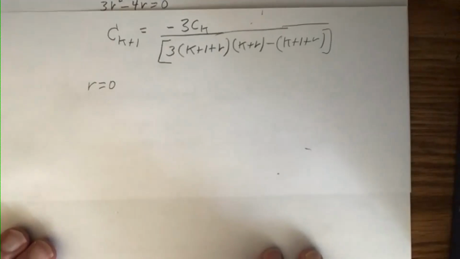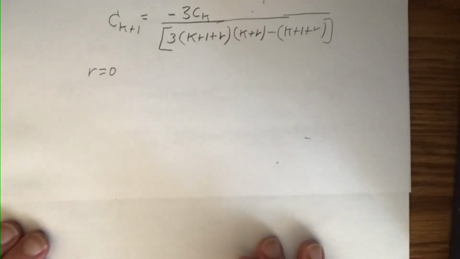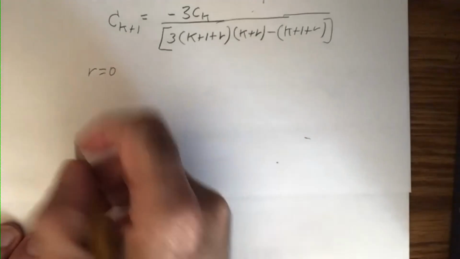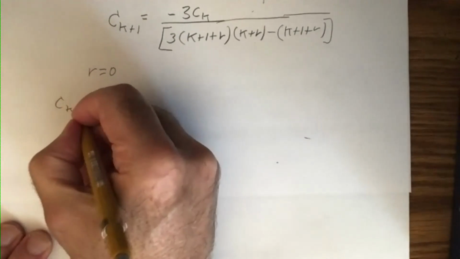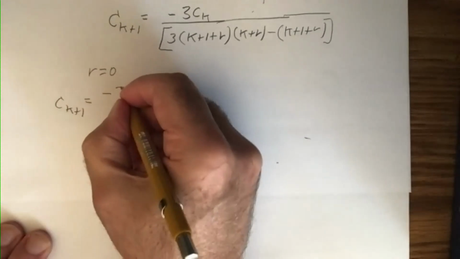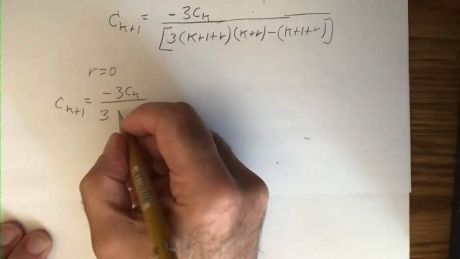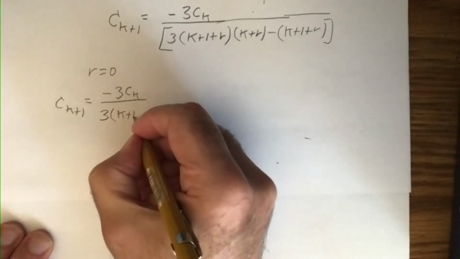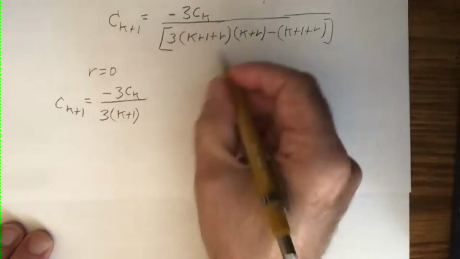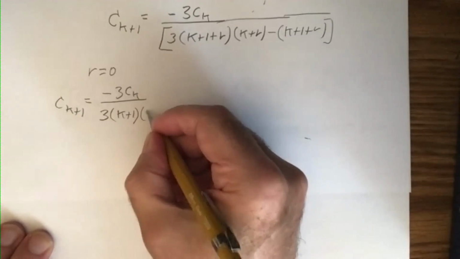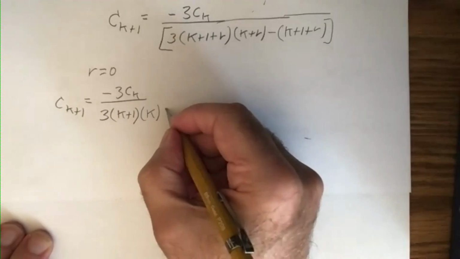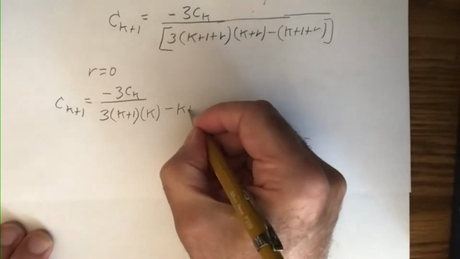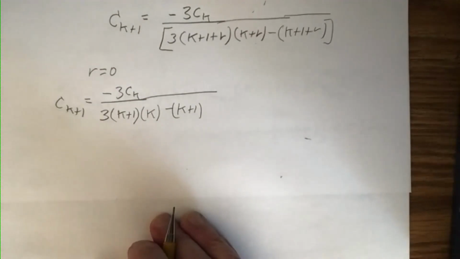For r equal to 0, this is going to be 3 times (k plus 1) times k, minus (k plus 1).